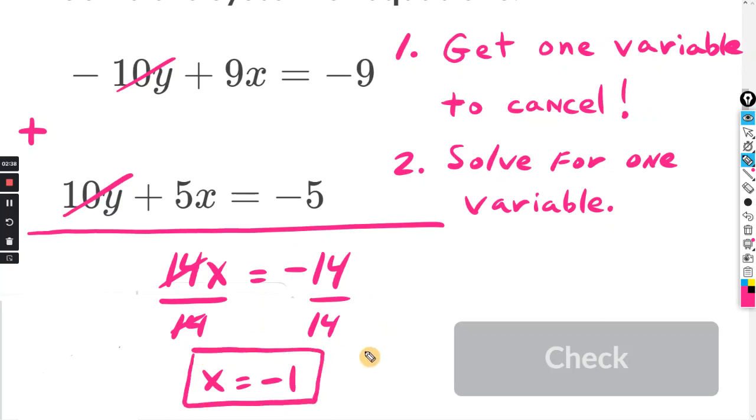So finally, we're going to take that negative 1 and plug it in. You can plug it into either equation. So that's basically going to be step 3.